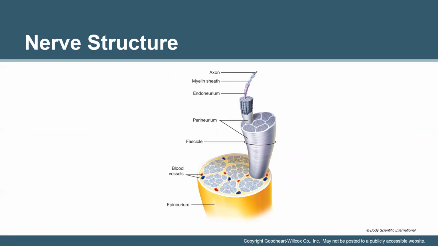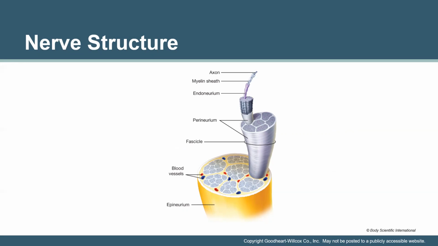So we have an axon coming off of a neurosoma somewhere, will be wrapped in a myelin sheath, and that myelin sheath will be wrapped in a connective tissue called endoneurium. You'll have multiple axons wrapped in a bundle covered with what we call perineurium.